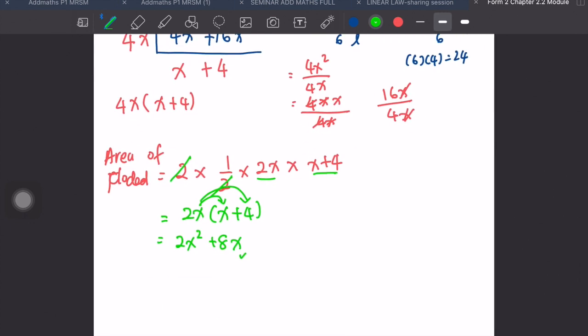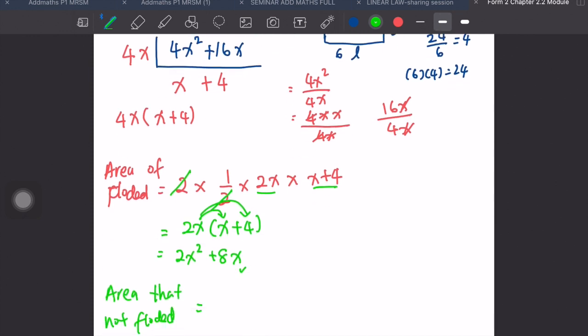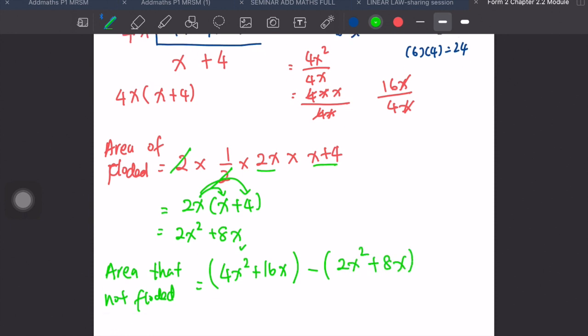Oleh itu, area that is not flooded, area semua tadi kita ada 4x square plus 16x, kita tolakkan dengan luas banjir, 2x square plus 8x. Ingat pesan saya, kalau tolak, belakang ni pastikan ada kurungan.